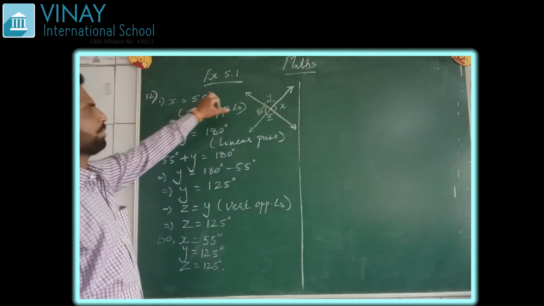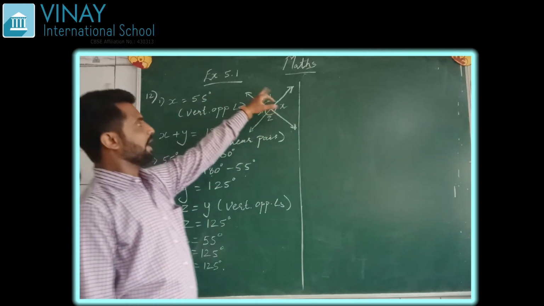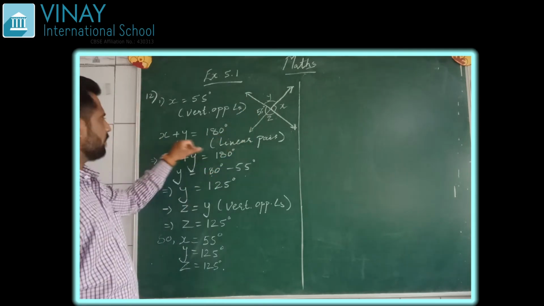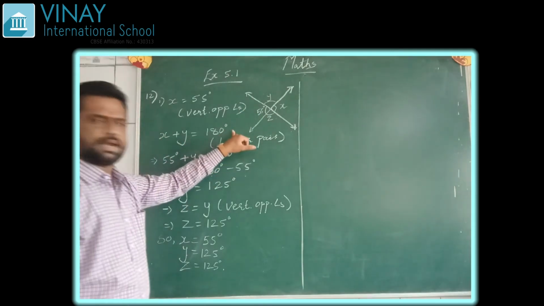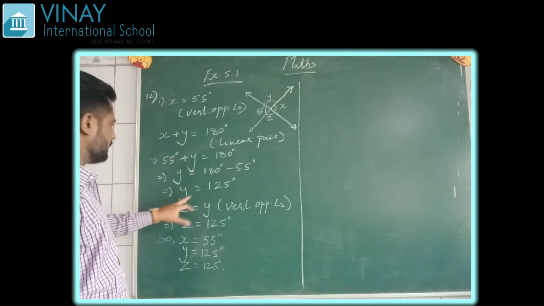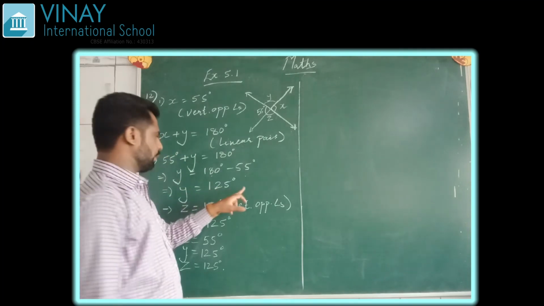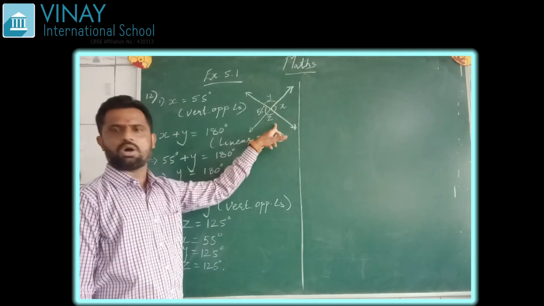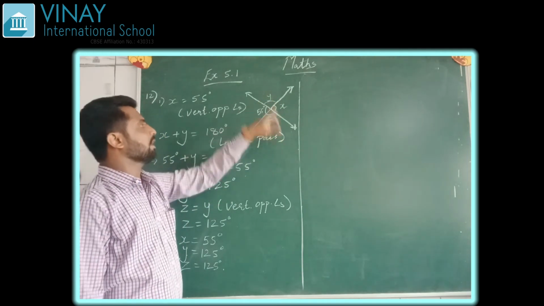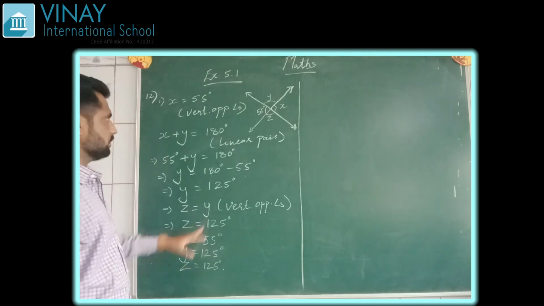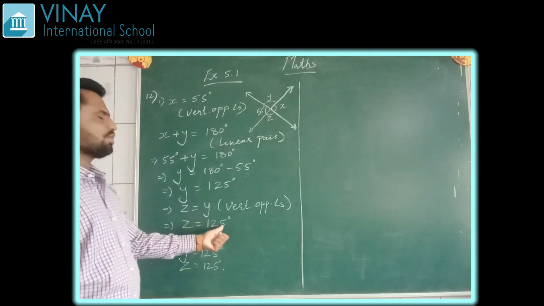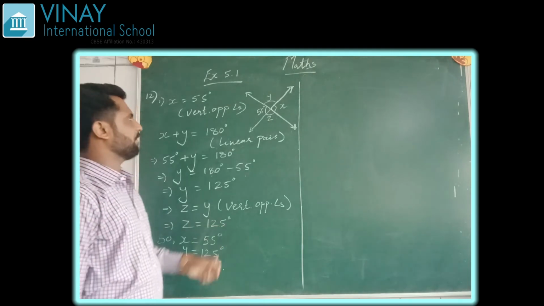So x is equal to 55 degree. X and y both are linear pair, and the sum of two linear pair is always 180 degree. So by this method we get y is equal to 125. Again, y and z both are vertically opposite angle, and so z is also equal to 125.